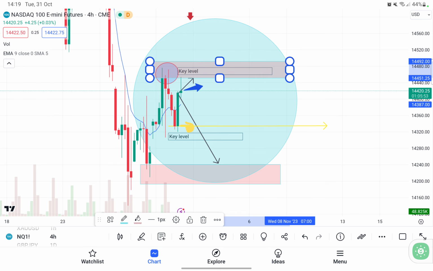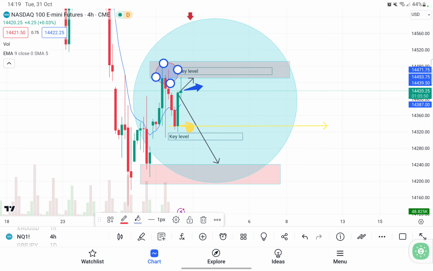And because it's failing to push past this point, automatically, price can only go one of three ways. It can only go up, it can go down, or it's going to go sideways. It's either going to be bullish, it's going to be bearish, or it's consolidating. Simple as that.